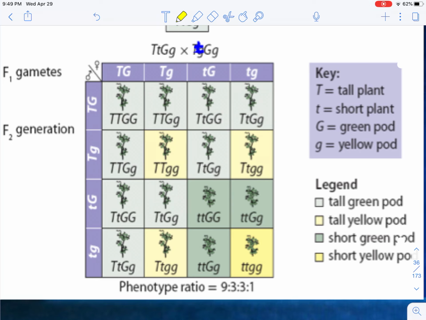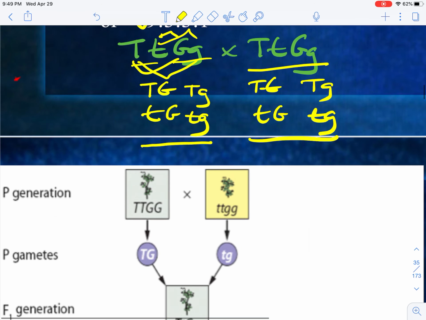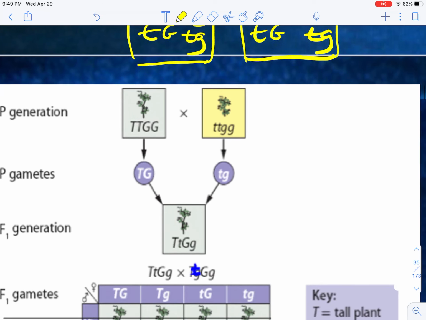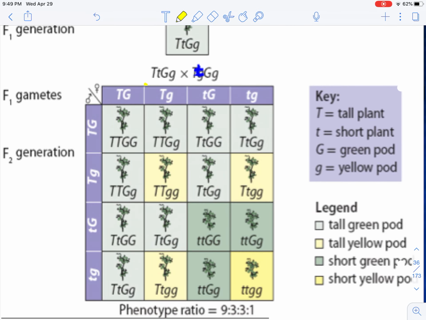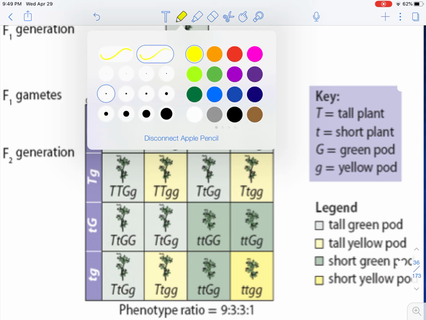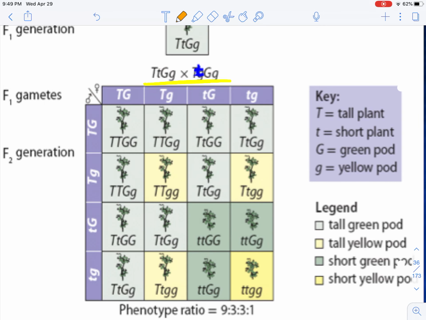And now we have 4 gametes for each of those individuals, which is why this will amount to a very large Punnett square that has 16 squares. And so what this is actually, these 4 gametes that I made for each of these 2 parents that are listed right here, same ones.